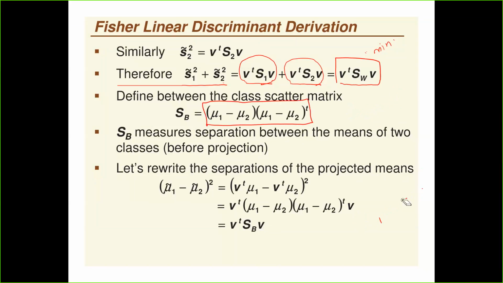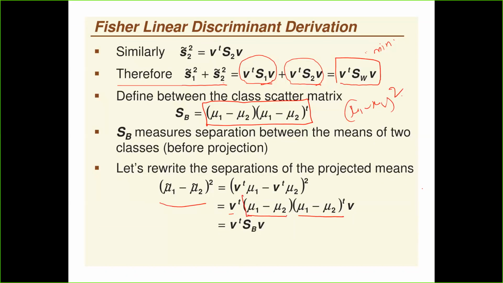So what is this mu1 bar minus mu2 bar? This is mu1 minus mu2 whole square, which is in the original space. So mu1 bar minus mu2 bar whole square, when you expand, would be V transpose mu1 minus V transpose mu2 whole square. And expanding further, V transpose times mu1 minus mu2 times mu1 minus mu2 transpose.